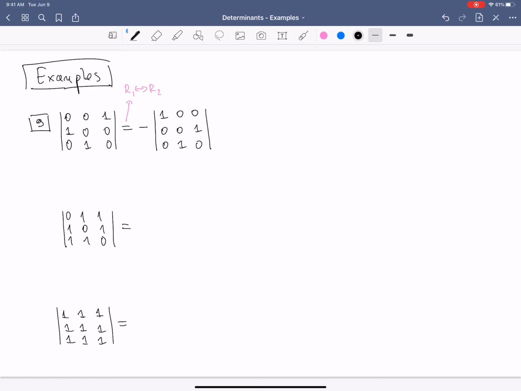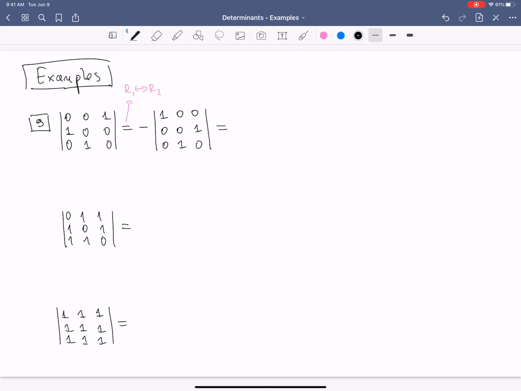But the next row exchange, note here I have equalities. Whenever we were doing elementary row operations on matrices, I always drew arrows. But here I have equality because these numbers are actually equal.